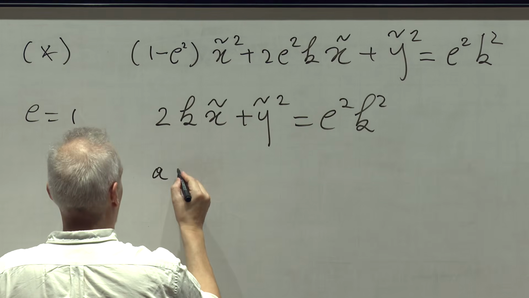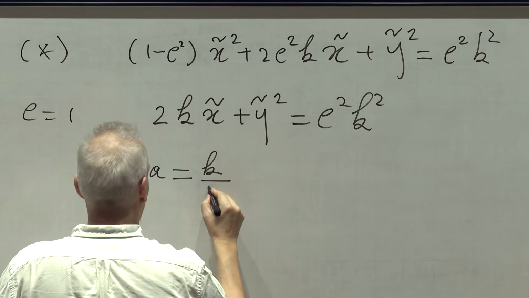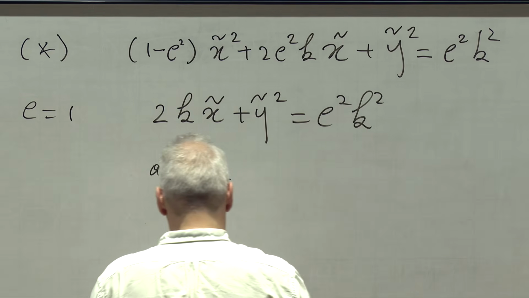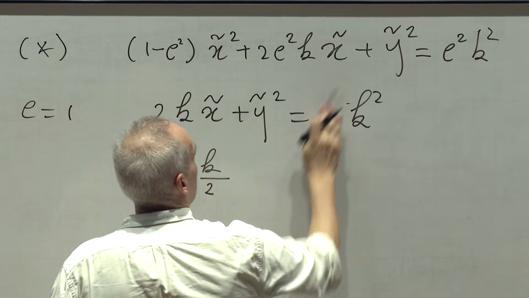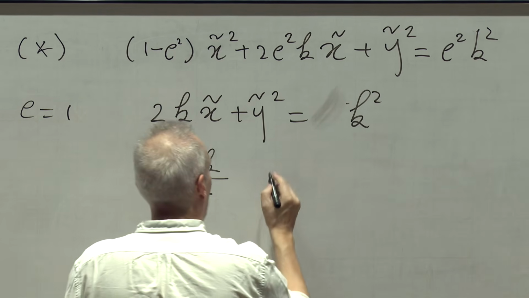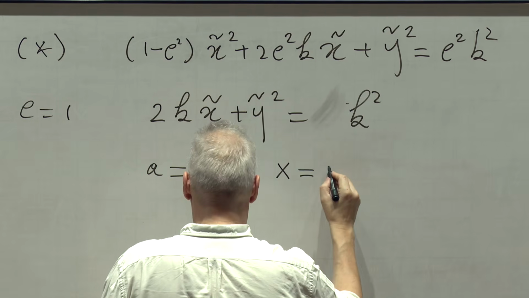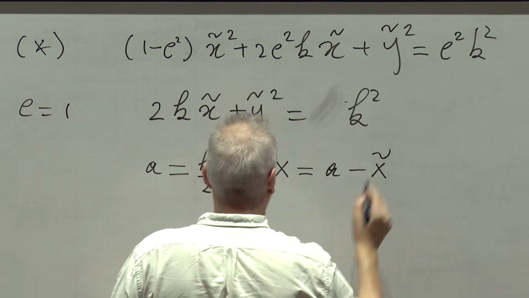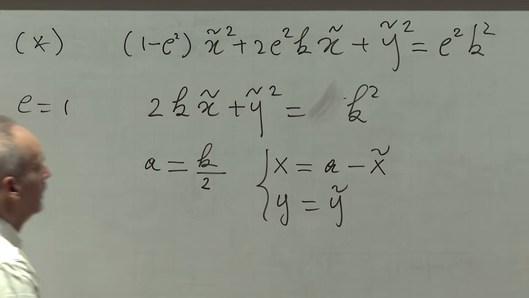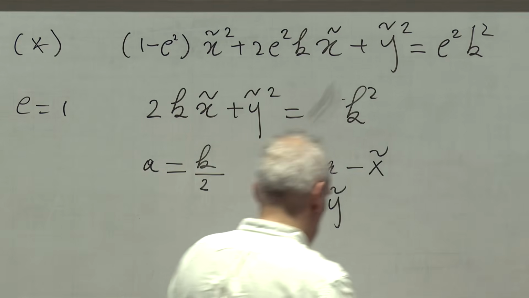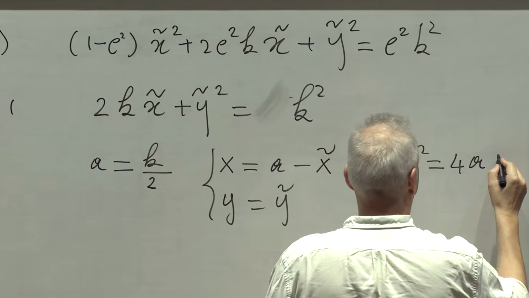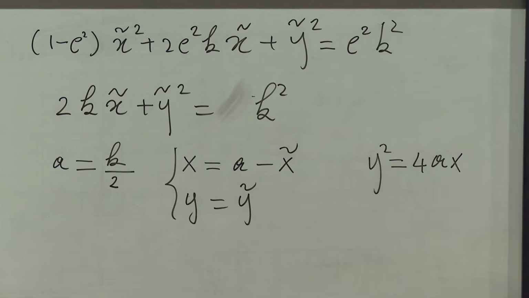Again, I introduce a to be k over 2. Oh, there is no e here. And I make a change of variable x equals a minus x tilde, y equals y tilde, and you obtain y square equals 4ax.